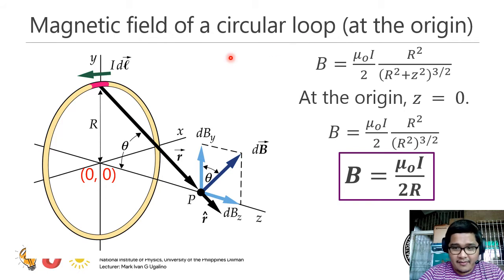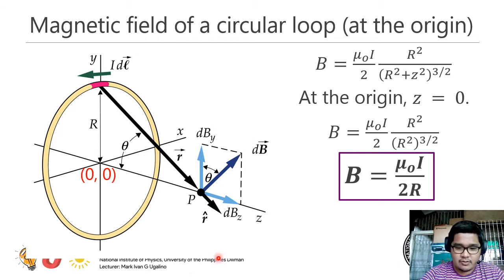However, we can see here clearly that it is a quantity dependent on the radius of the loop, and it is equal to mu naught I over 2r. And it's not 0, because obviously the magnetic field due to each dl is pointing in this way.